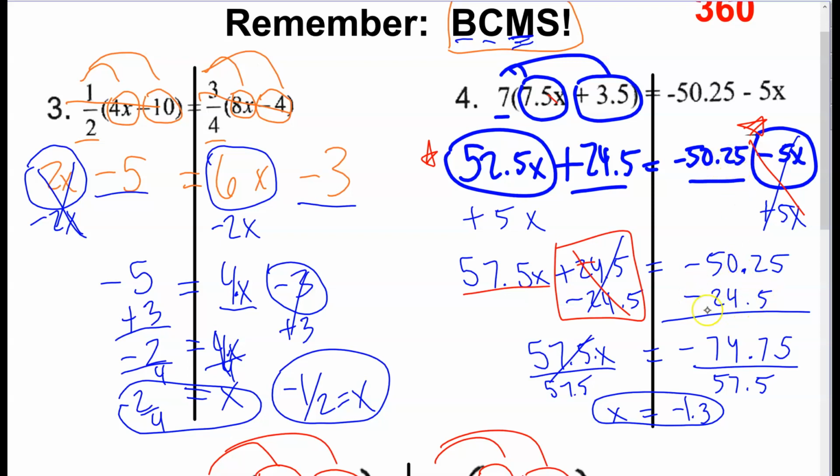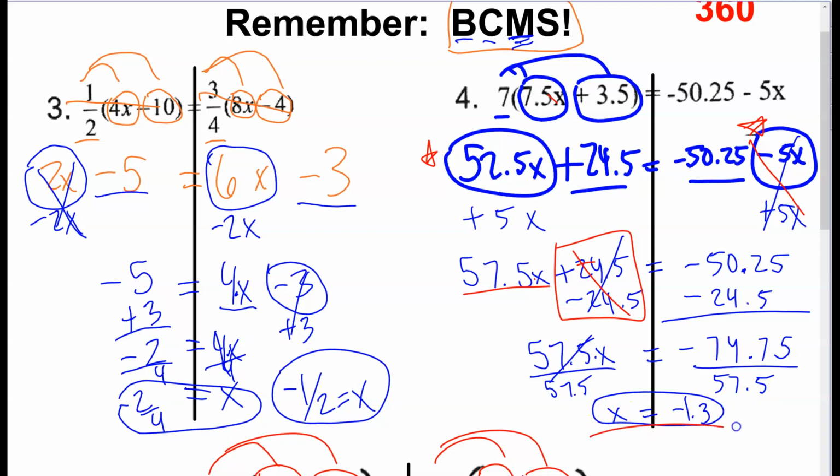If I take away another 24.5, now I'm left with negative 74.75. That's equal to the 57.5 times x. That's that multiplication step, remember. So the last step, which happens a lot in these problems, is to divide by that coefficient, the number that's with the variable. So I divide negative 74.75 divided by 57.5.